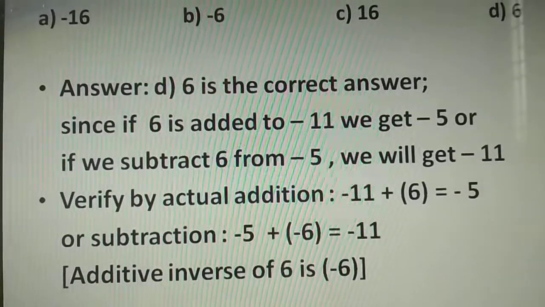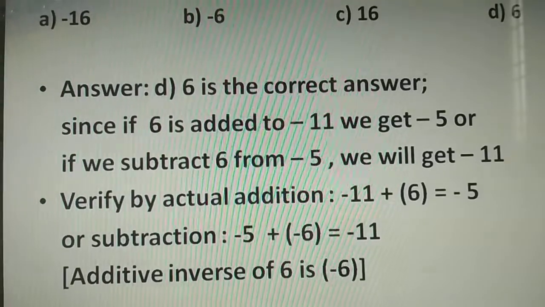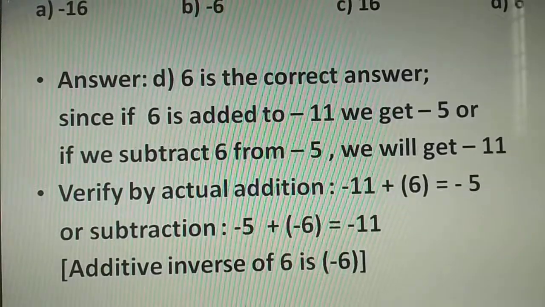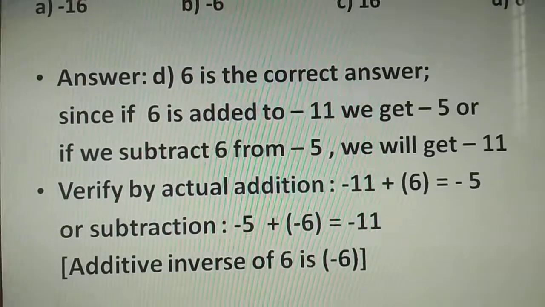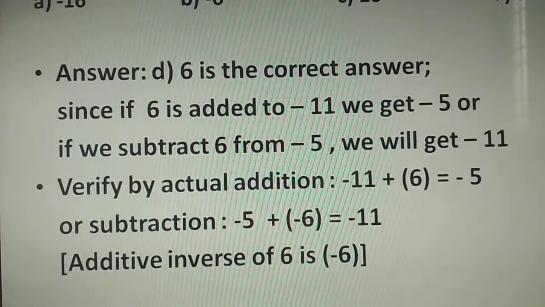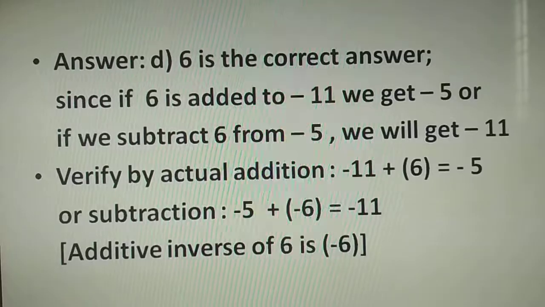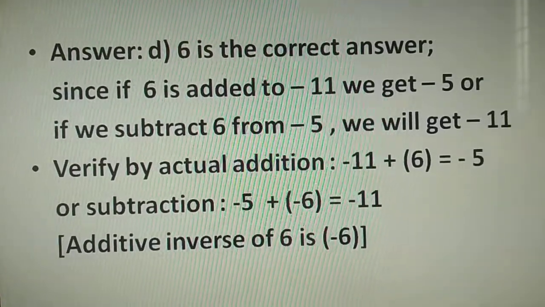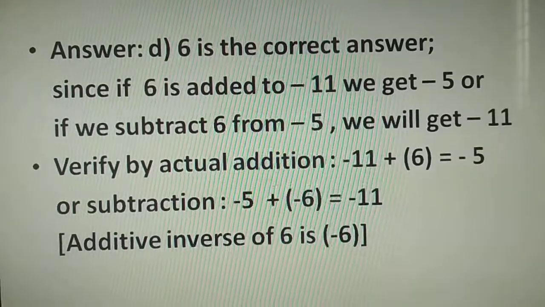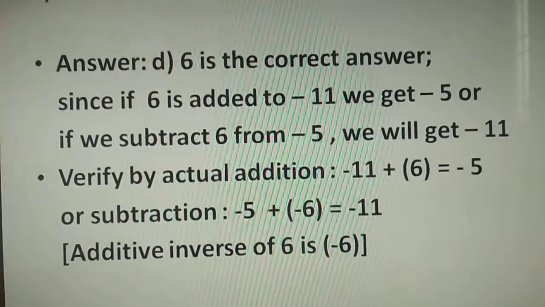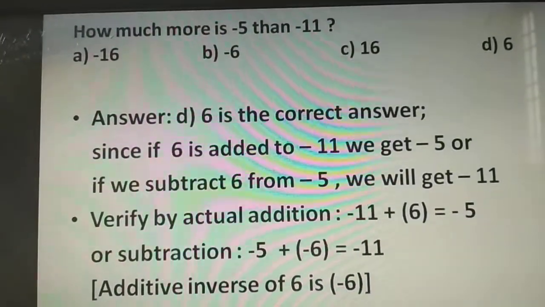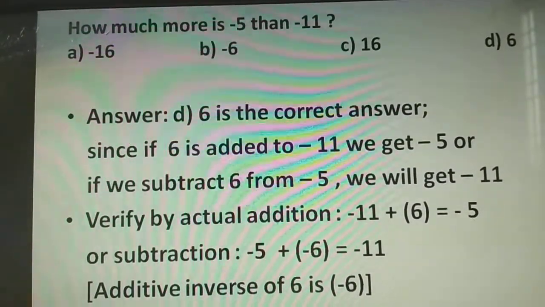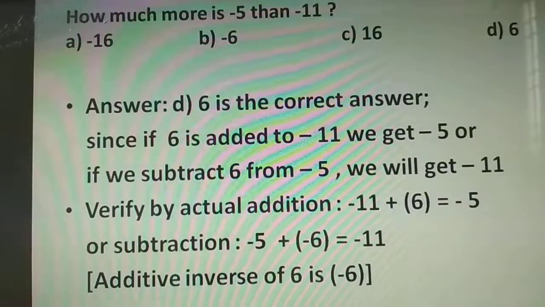Let us see how it is. If 6 is added to minus 11, we get minus 5. Or if we subtract 6 from minus 5, we will get minus 11. Since minus 11 is a smaller number, they have asked us to find out how much more is minus 5 than minus 11.